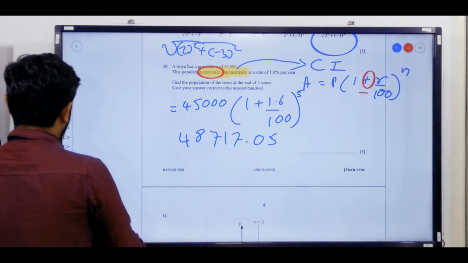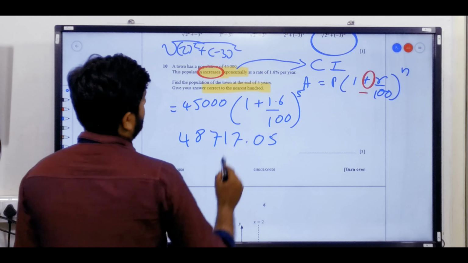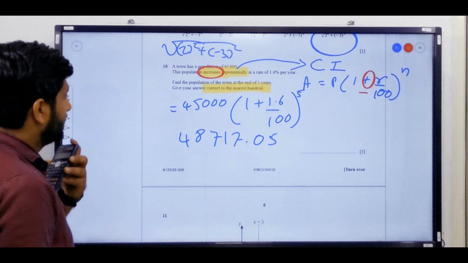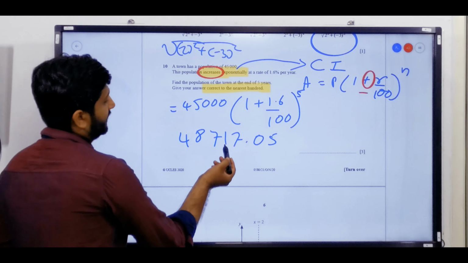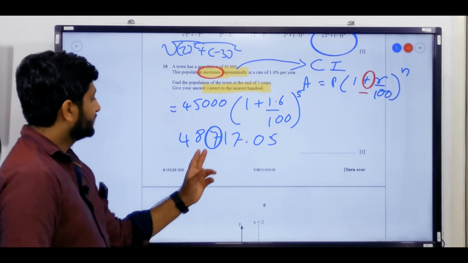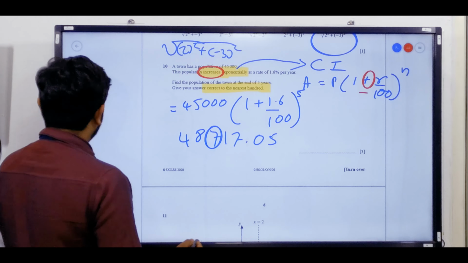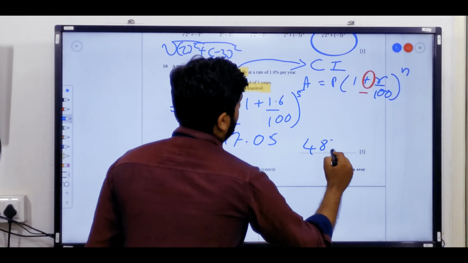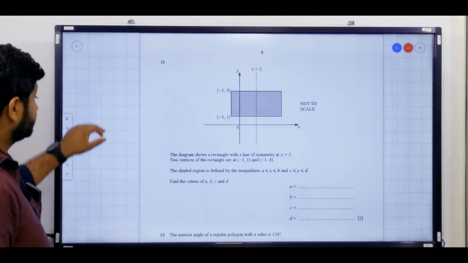I forgot to tell you, we have to give our answer up to the nearest 100. So let us round it off to the nearest 100. Unit, tens, hundreds. The next digit is 1, which is less than 5. So the answer will be 48,700. Let's move on to the next question.